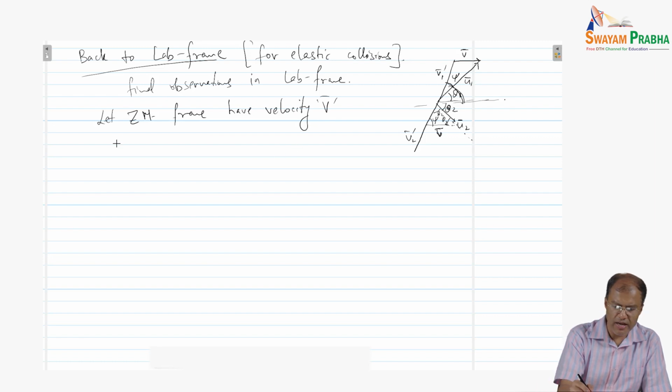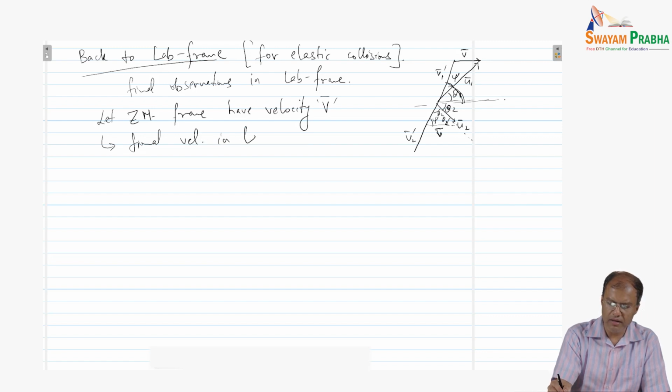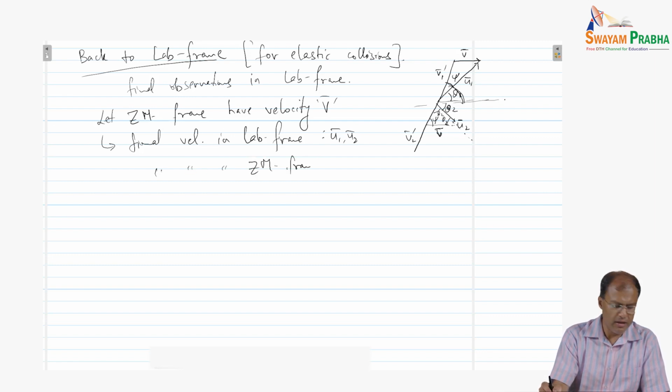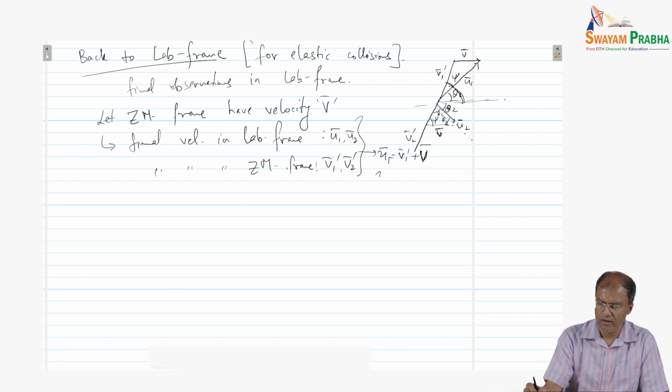So if the final velocities of the particles in the lab frame are u1, u2, the final velocities in the zero momentum frame are v1 prime, v2 prime. We see that u1 is v1 prime plus v, the velocity of the center of mass, and u2 is v2 prime plus v, right?